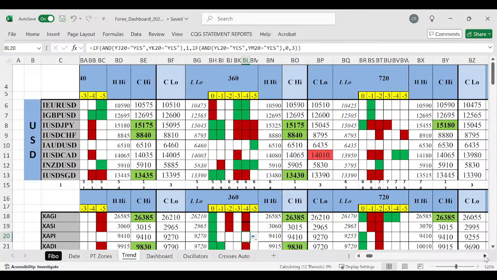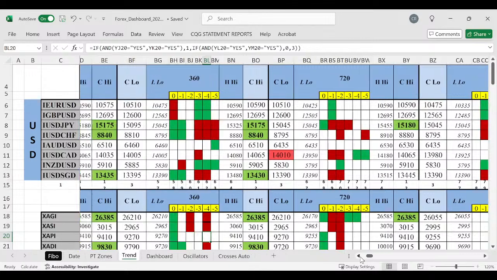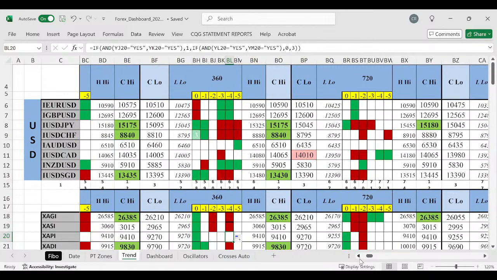Overall, we feel that the daily euro dollar has already turned up. Pound also has turned up. Dollar yen is down, dollar Swiss is down, New Zealand dollar is up, and Sing dollar is down. But again, this is all flat, flat with an upside bias. So now we are trying to go for a trade on the euro dollar.